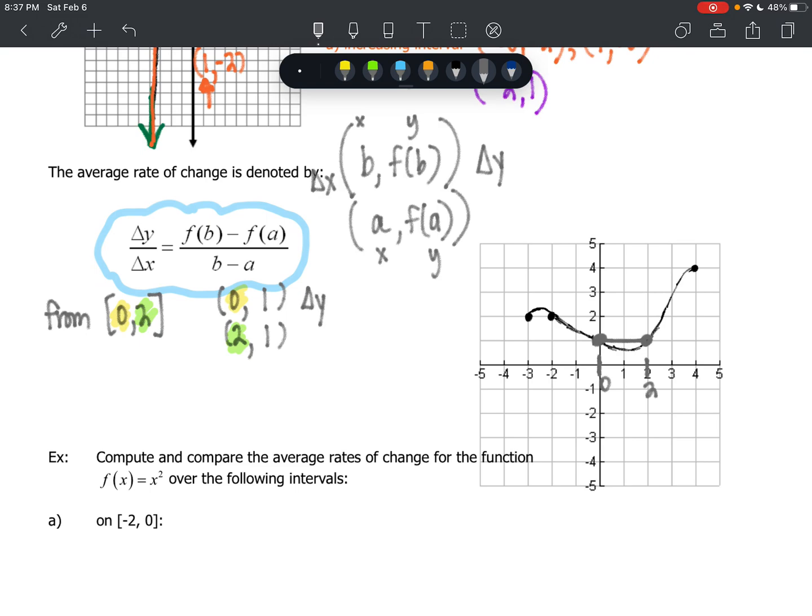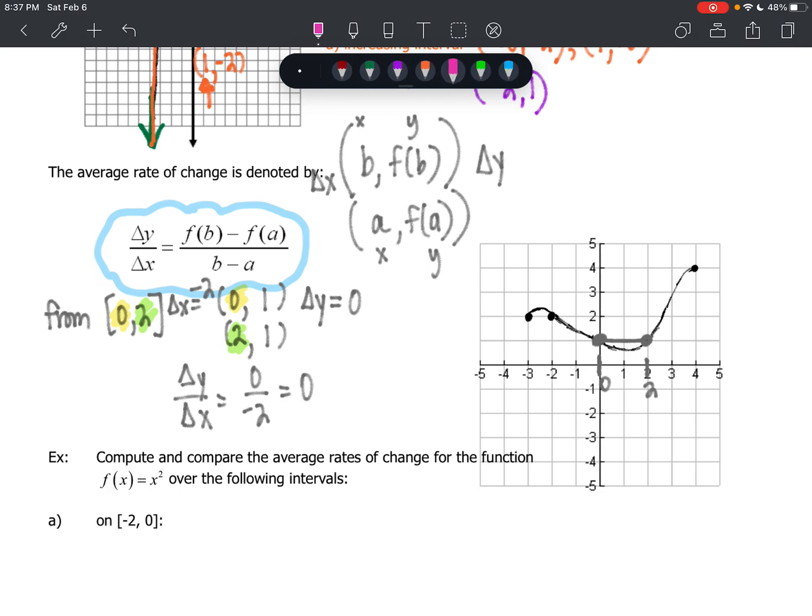What's your change in y? 1 minus 1 is 0. What's your change in x? 0 minus 2 is negative 2. Your change in y over your change in x is 0 over negative 2, which is 0. So on the interval from 0 to 2, we have an average rate of change of 0.